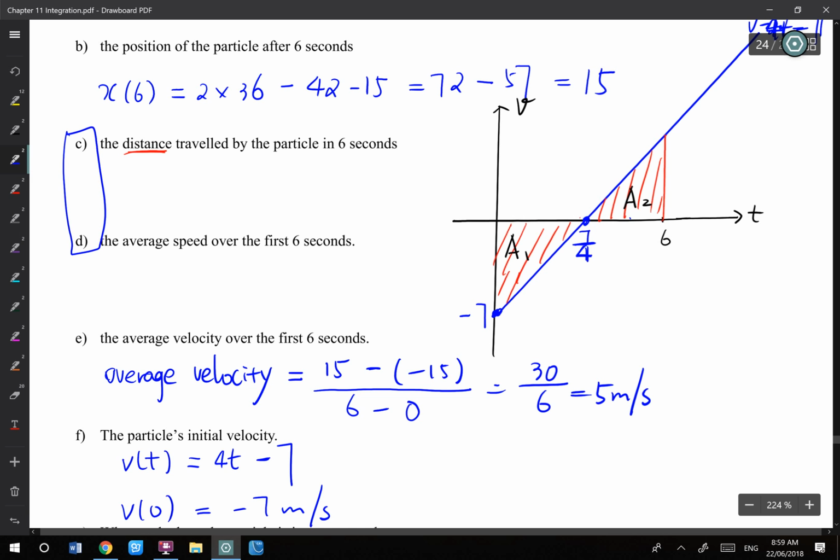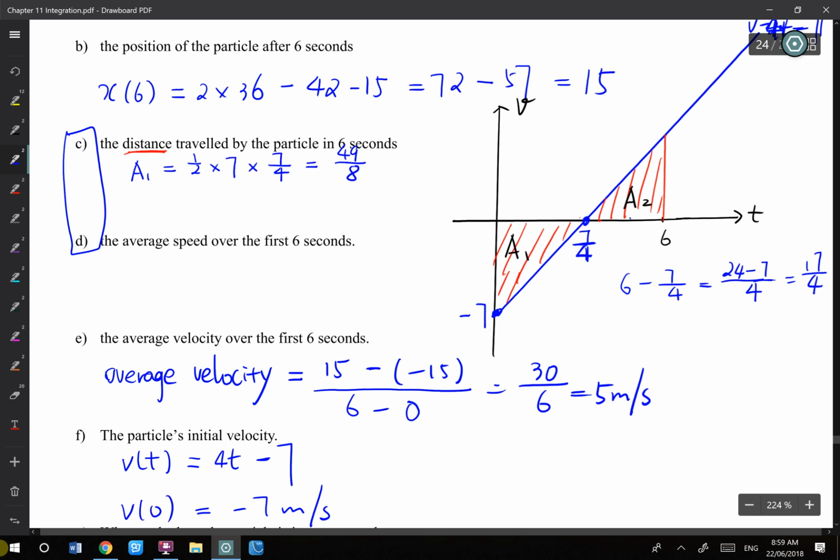So A1 equals a half times 7 times 7 over 4. That's 49 on 8. Six minus 7 over 4 equals 24 over 4 minus 7 over 4, and it's 17 over 4.